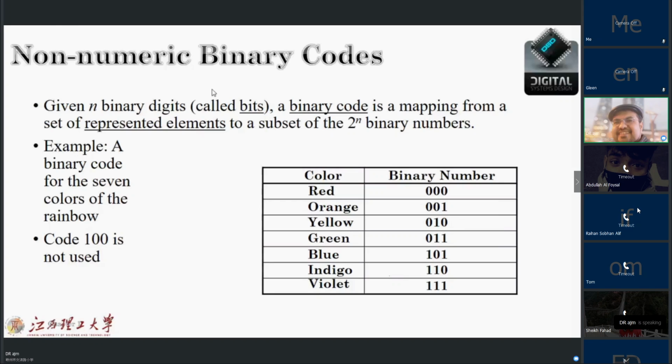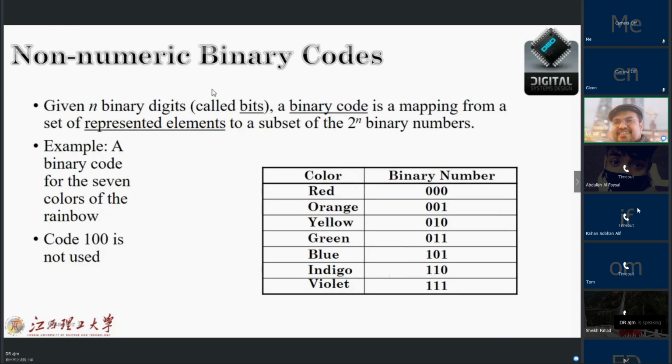Simply I can give them binary numbers like 000, 001, 010 something like that, and you will see that the number 111 cannot be used because now we are limited to 7 colors. What I want to say is that even for non-numeric data we can have some relation between the binary system and those elements. Anything can be coded like this.